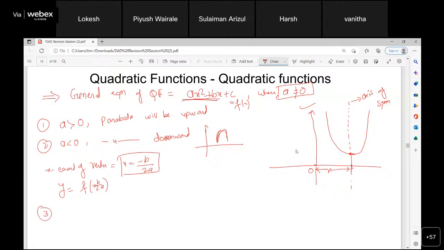Just remember the direct formula: if this is the general equation, the slope of the parabola will be 2ax plus b.